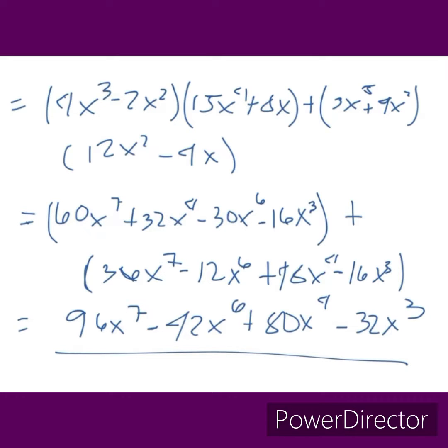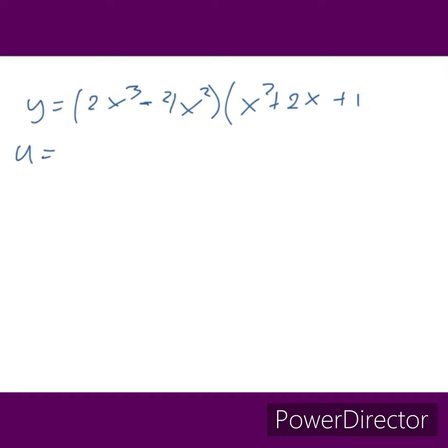Another example. Find the derivative of 2x cubed minus 4x squared times x squared plus 2x plus 1. Let u is equal to 2x cubed minus 4x squared.